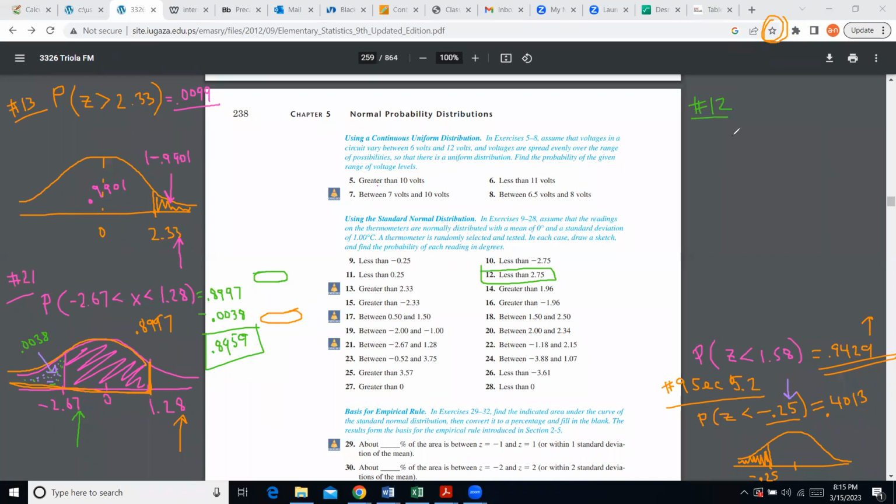Let me do 12. So we need to find the area or probability that z is less than 2.75. Okay, so how do we start? We need to separate those hundreds, right?